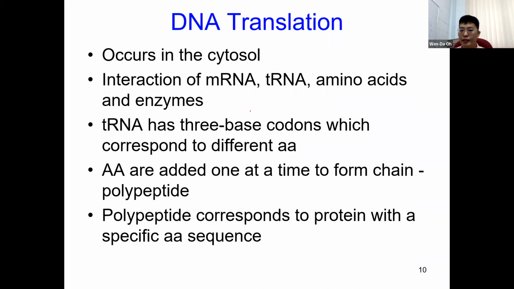All of these work together to produce the protein that you want. They go into the cytosol and combine with certain proteins like the ribosome, and then they start to form amino acids. These amino acids then combine with each other to produce polypeptides.